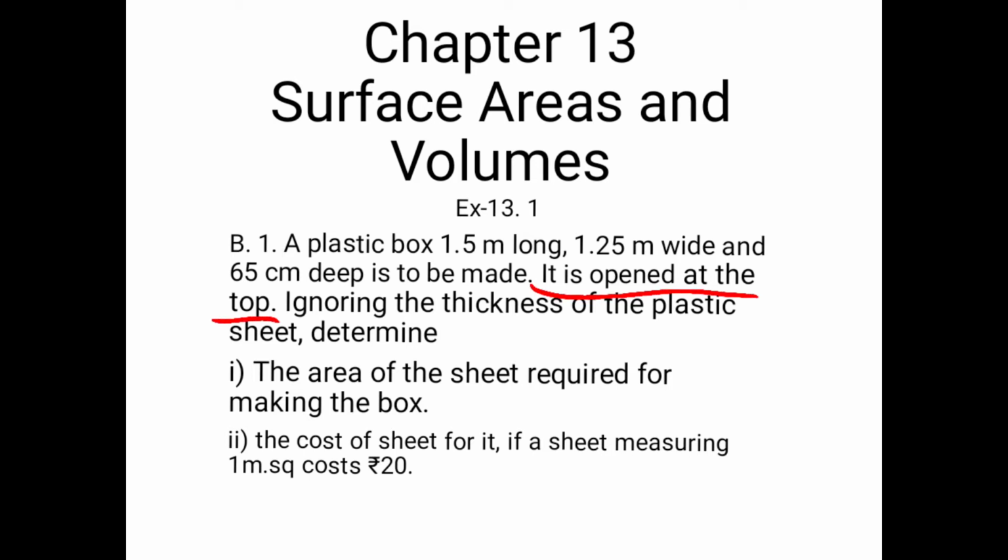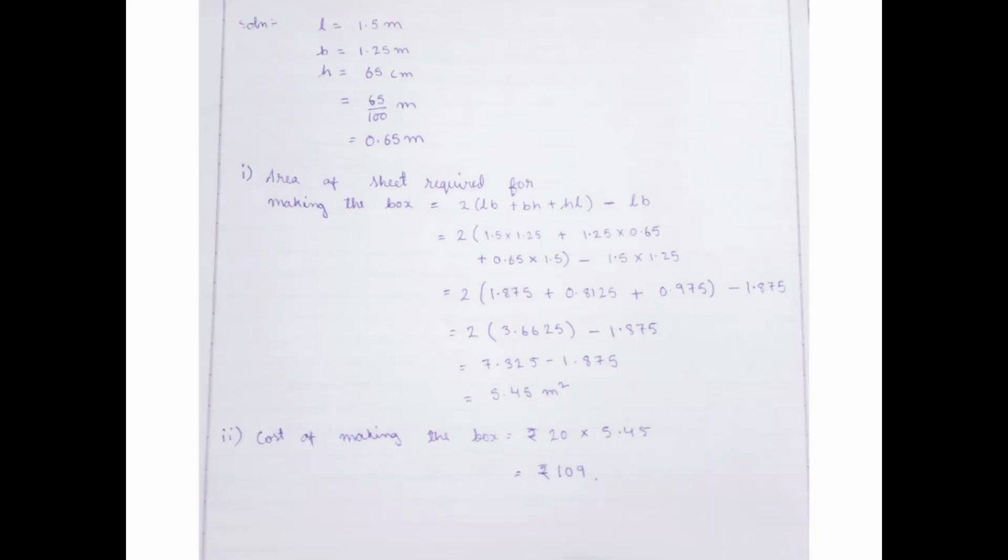So if the box is open at the top, it means that there is no lid, no cover. That means a rectangular piece is missing, right? So we need to subtract that rectangular area, that is length into breadth. Area of rectangle is length into breadth, right? So we are subtracting length into breadth.